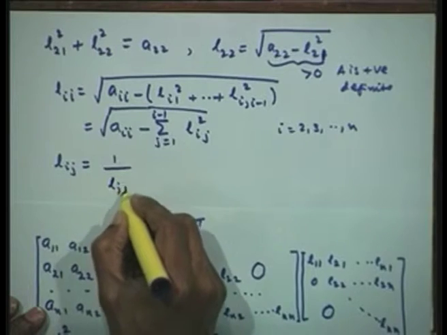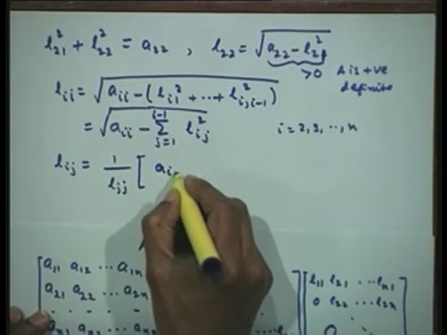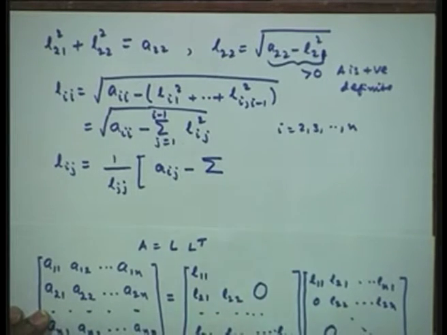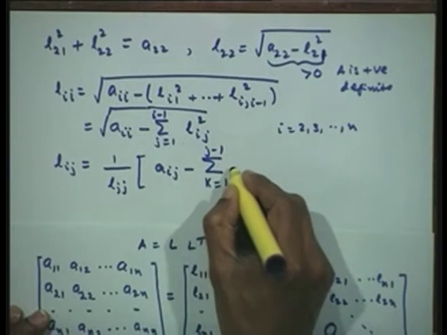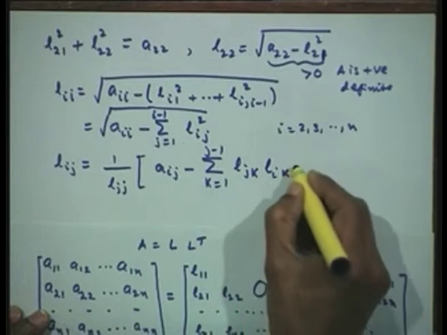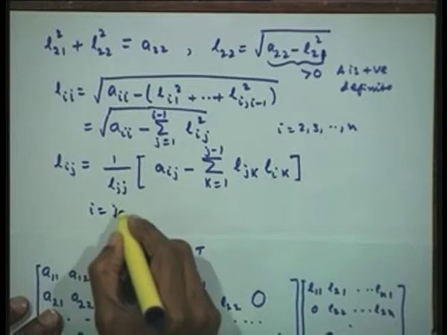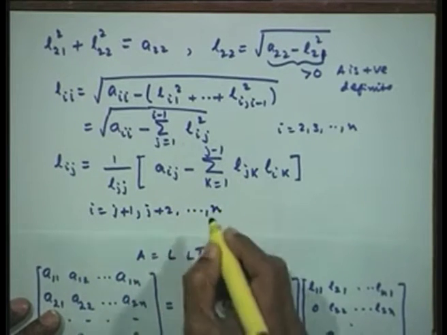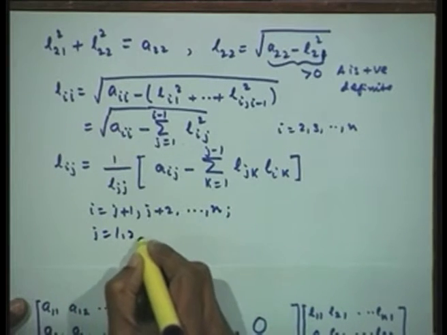So we will have here division by Ljj and you will have Aij minus the summation. This does not have any square roots, so it will be simply k is equal to 1 to j minus 1, Ljk Lik. This is for all the elements below the diagonal, that is i is equal to j plus 1, j plus 2, and so on up to n, and of course j is equal to 1, 2, 3, up to n.